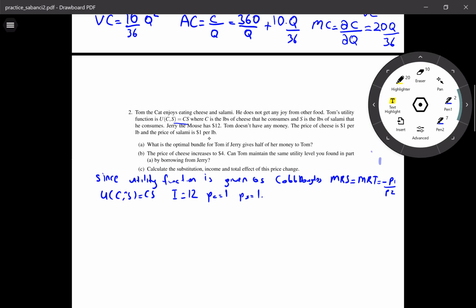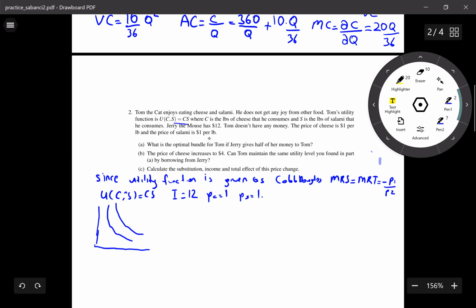So what we have here is this smooth indifference curve. Let's say this is cheese. Be careful: whatever the price is changing, it is always better to write it on the horizontal axis. This is salami.